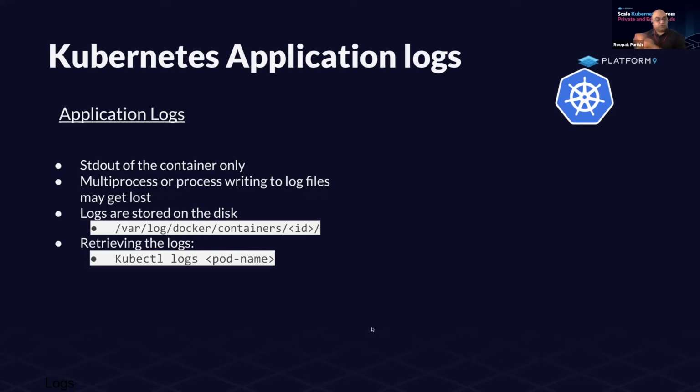But if you're just testing Kubernetes and you don't have log aggregation systems, instead of going to each node to get the logs, which sometimes you have to do, you can use something called kubectl logs, and you just give the pod name. That's how we started.